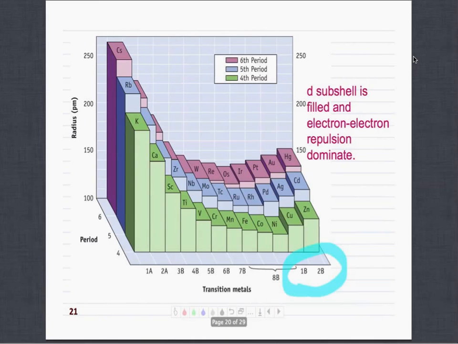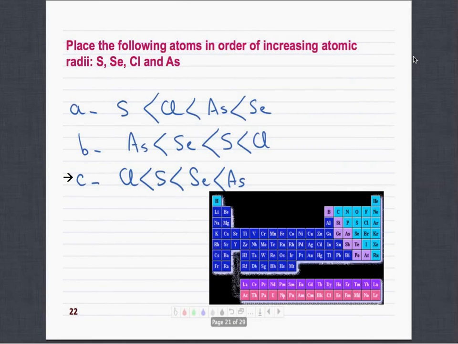Okay, let's do an iClicker about this to see if you get the idea. This is the Cl, this is the sulfur, and this is the selenium. So those are the elements that we're talking about, the ones that I circled in red.